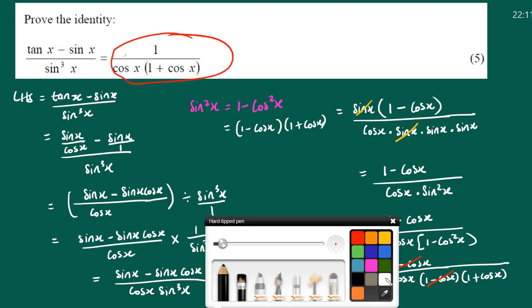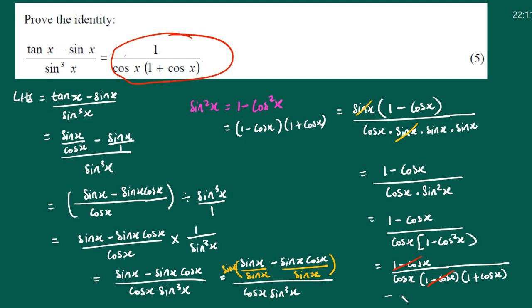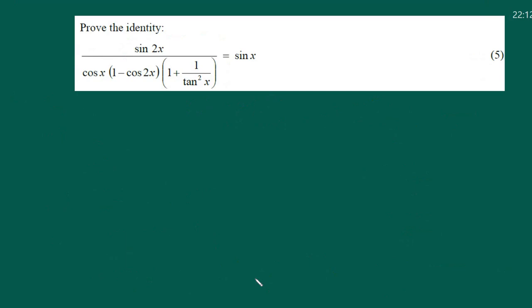Then you would say it's equal to the right hand side. Don't forget to say it's equal to the right hand side. So that is exactly it, guys. It's all about using those identities. Let's go to the next one, see if we're able to apply this.